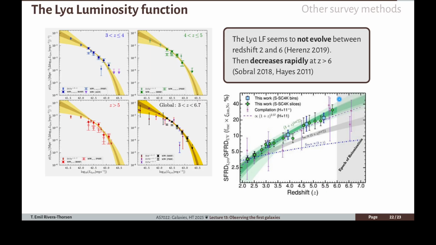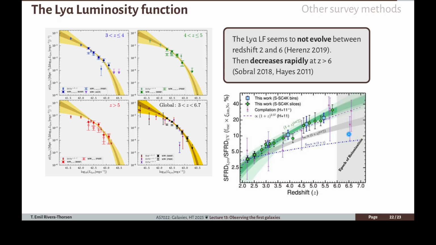You can have a neutral fraction of about 1 in 1,000, and you can still have a universe that is relatively transparent to Lyman alpha. Much higher than that, and then it becomes opaque and you can't see a lot.